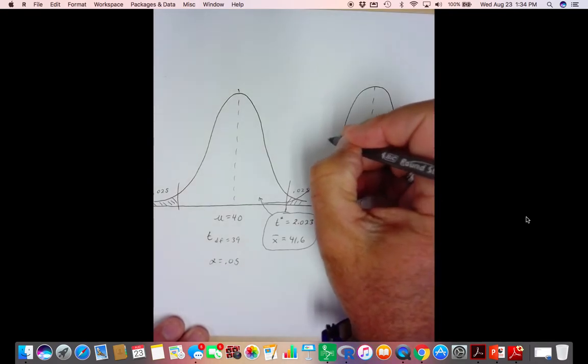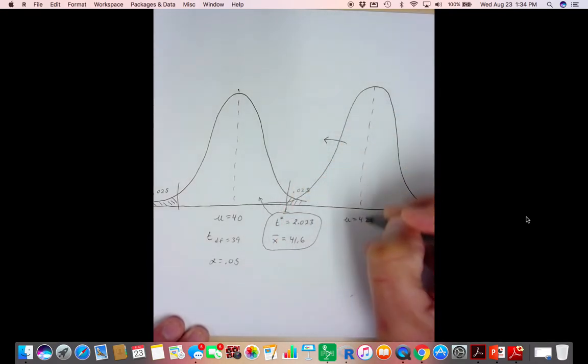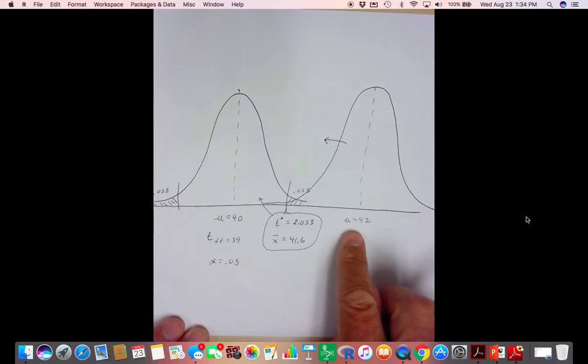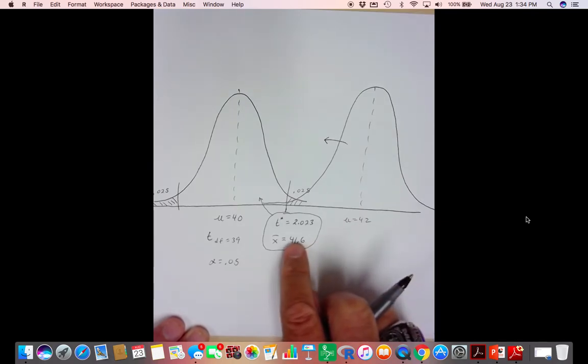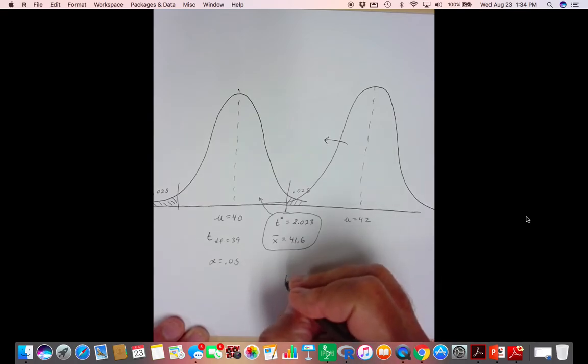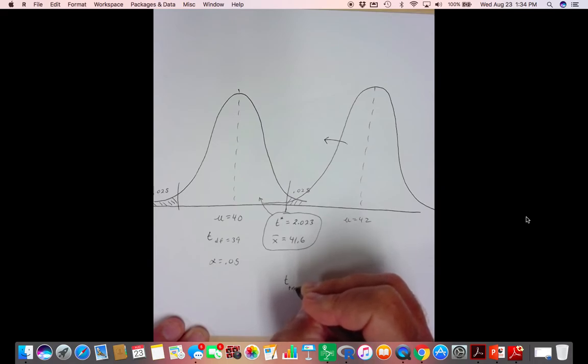Now we need the location of this value in the distribution that we're truly drawing from. So we have 41.6, so the T distribution in the, let's just call it the true distribution.